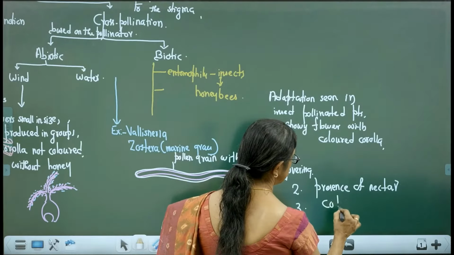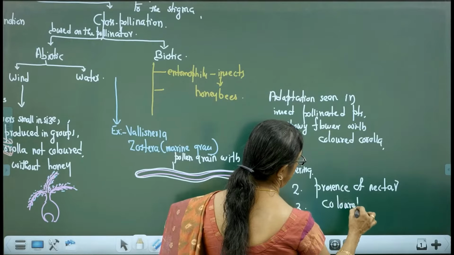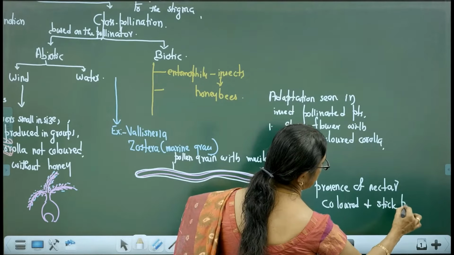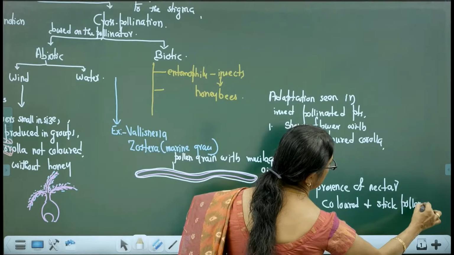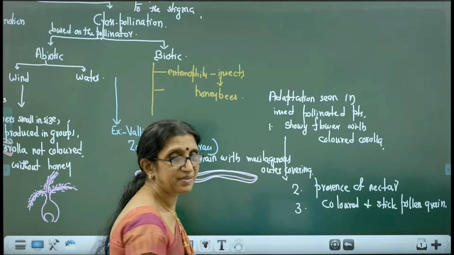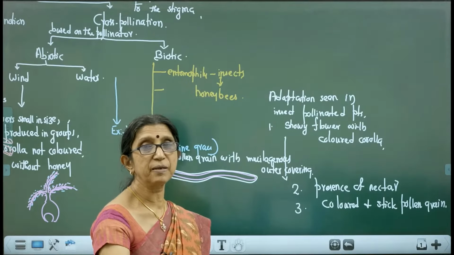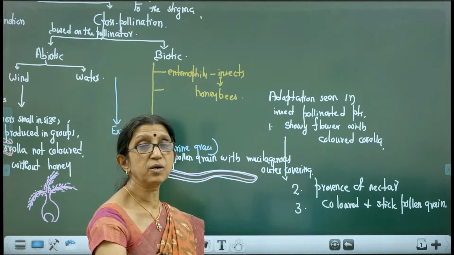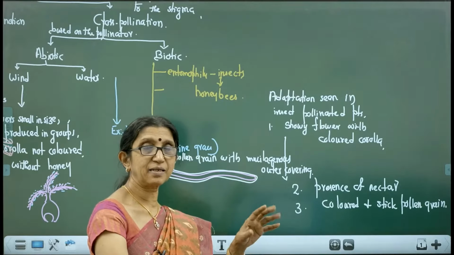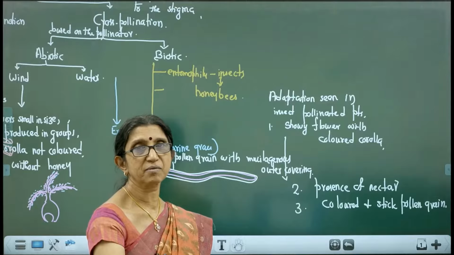Colored and sticky pollen grains. The sticky nature is due to lipid, and the color is due to carotenoids, which enable the pollen grains to get attached to the body of the pollinator.